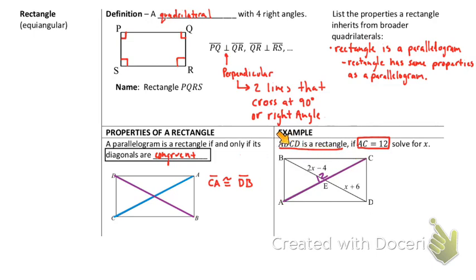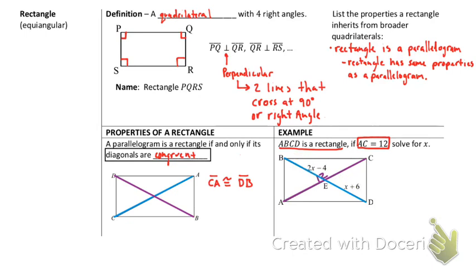We also know, because this is a rectangle, that B to D, let's put this in blue, is going to be the same as A to C. These 2 lines will be equal. And we know from B to D, the length is 2x minus 4 and x plus 6.